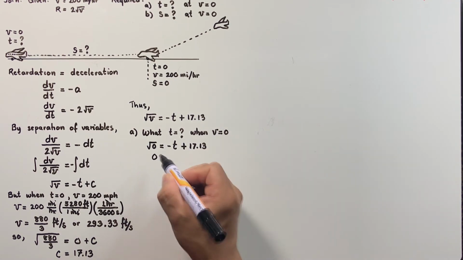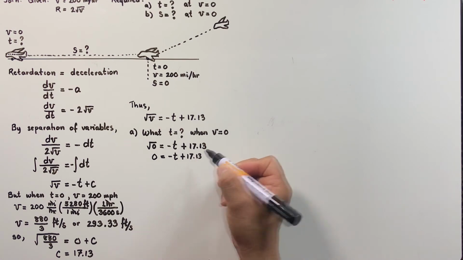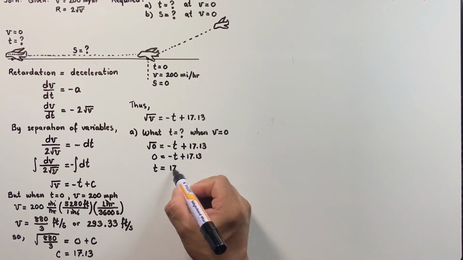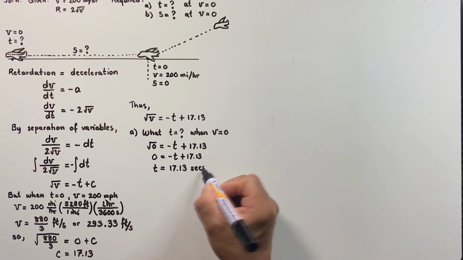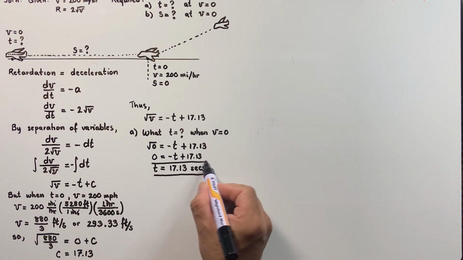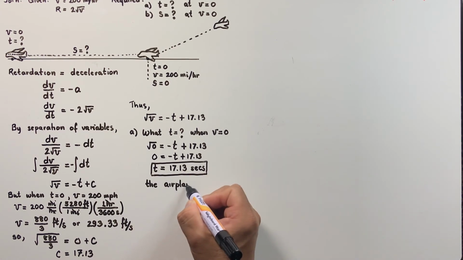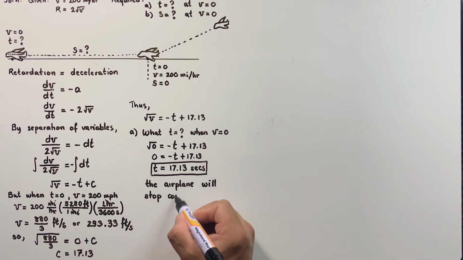So 0 is equal to negative t plus 17.13. So in other words, the time required is equal to 17.13 seconds. So this is the time required for the plane to come to its complete stop.